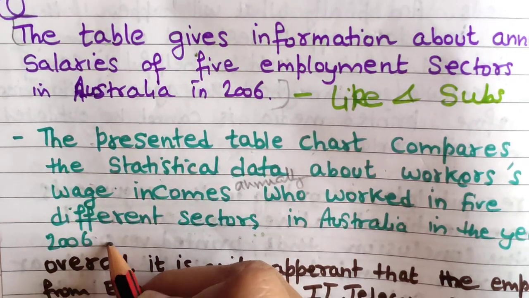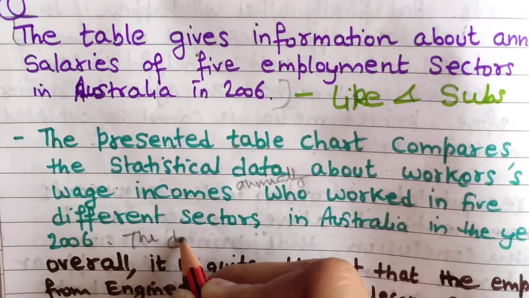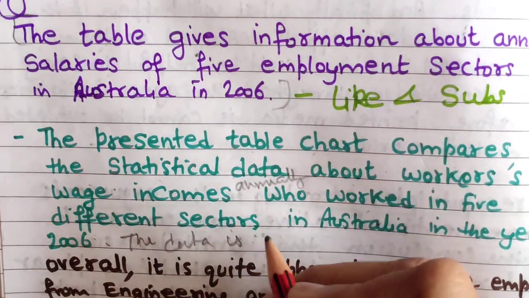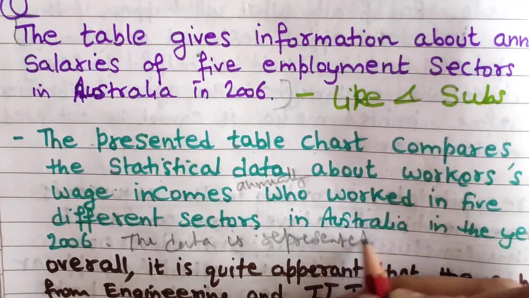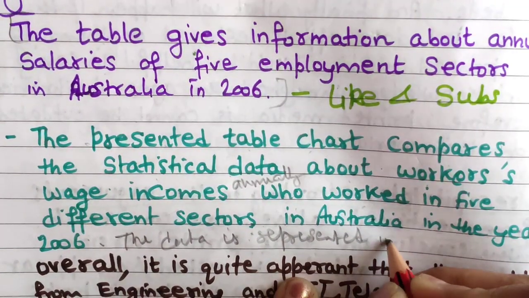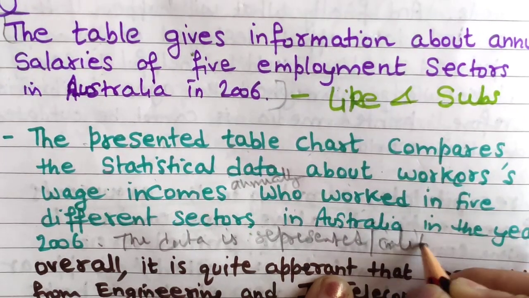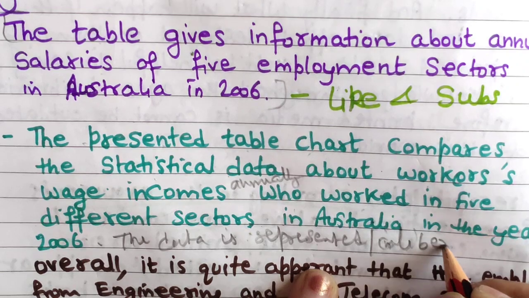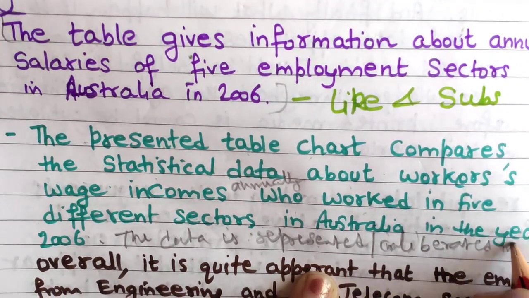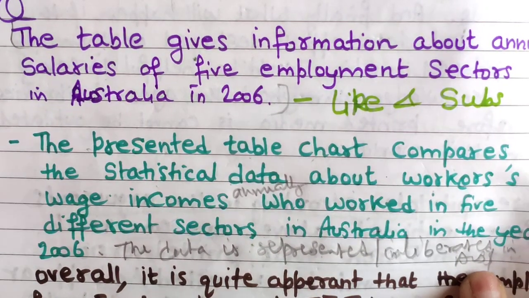Now one more thing is left, the data is represented in, or I have already told you, calibrated in. You just use one word, either represented or calibrated, in Australian dollar. Okay, so this sign you have to make.